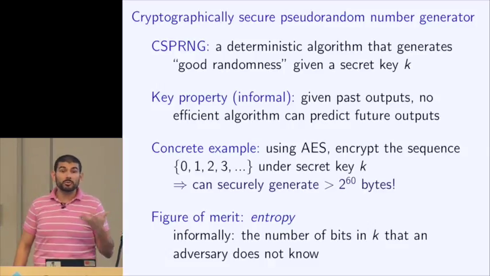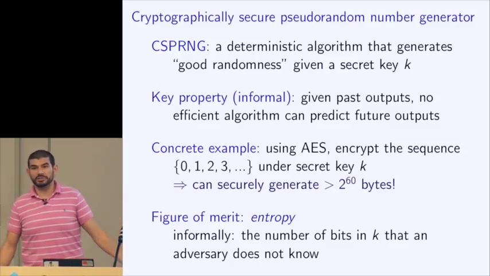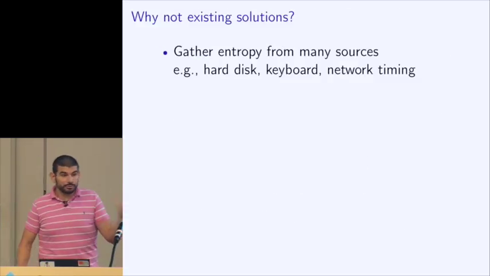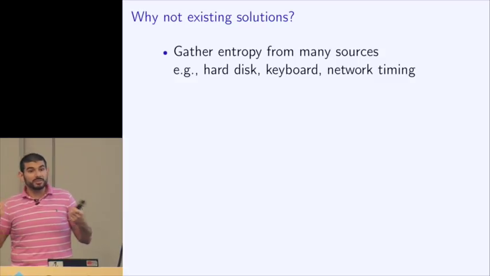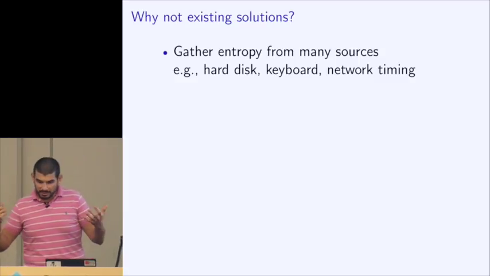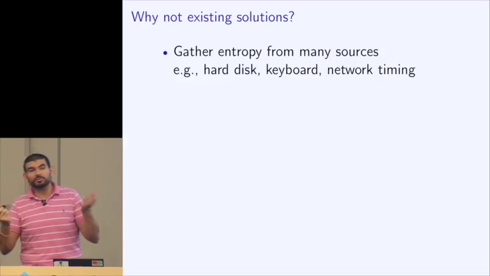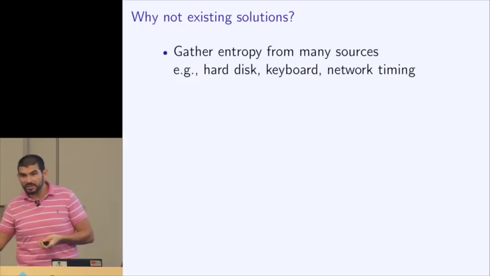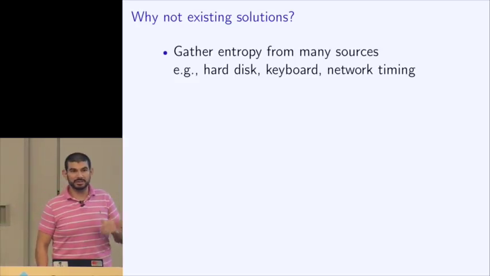And so the question is, where do we get this secret key from? Well, surely today there are solutions to this. And in fact, there are. So in traditional systems like your desktop or your laptop, your operating system is constantly running this process to gather entropy from sort of unpredictable events. Like, for example, the hard drive timing, or maybe your keyboard interrupts, or network packet arrivals, things like this.